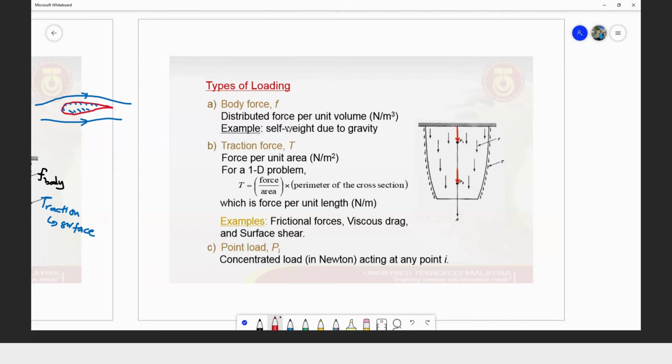The force is distributed per unit volume when we're talking about the body force. That's why I drew the drawing just now in 3D. And then for the tractions, which is force per unit length, for example, friction, viscous, surface shear. And for the point load, which is the concentrated force that is applied to a specific point in our structure.